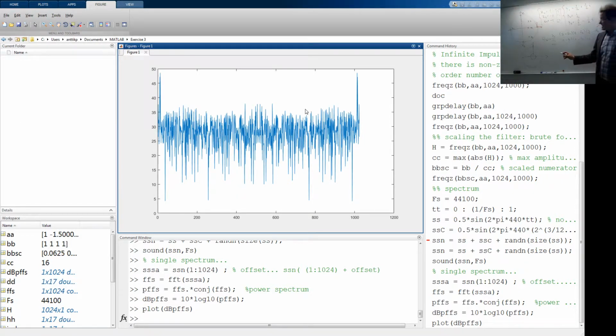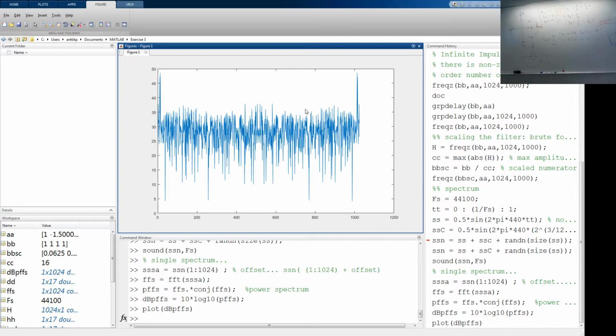But of course, this is still the same as the negative side. So our first half of it actually is the spectrum between 0 and the Nyquist frequency. The rest of it is just a mirror image on the other side of the Nyquist frequency.